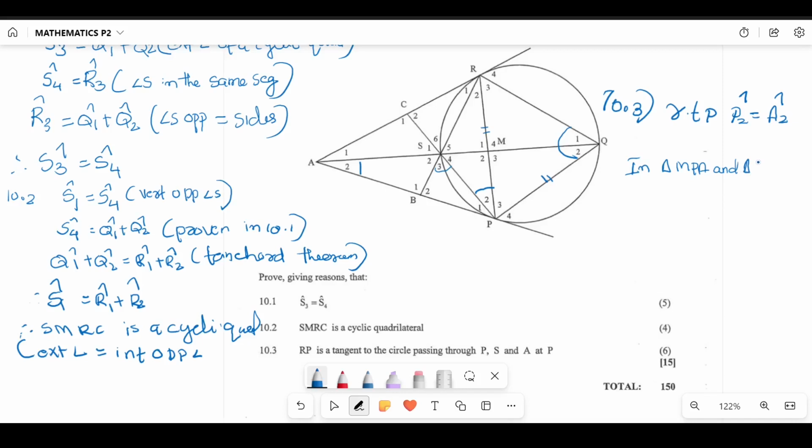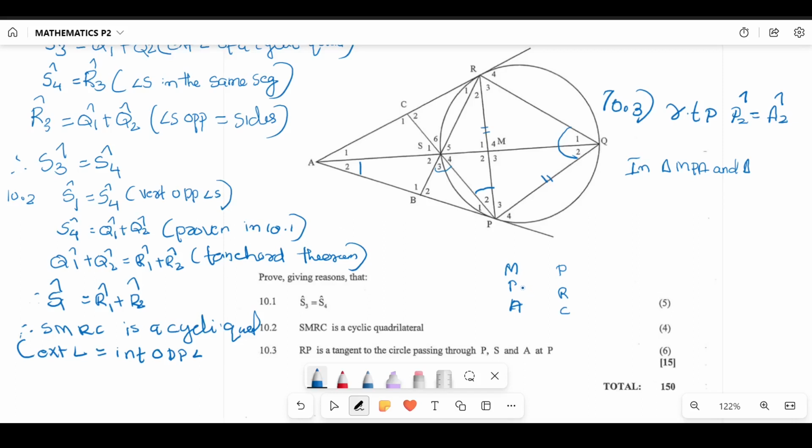Before you write the name, you have to locate the triangles. So we are going to use MPA and we are going to use triangle PRC.